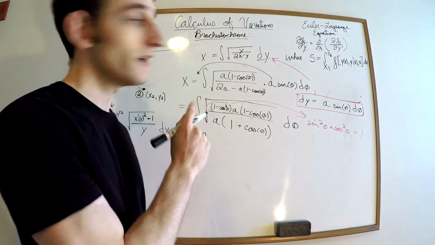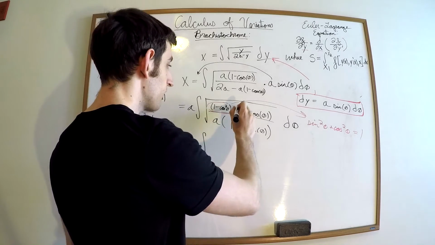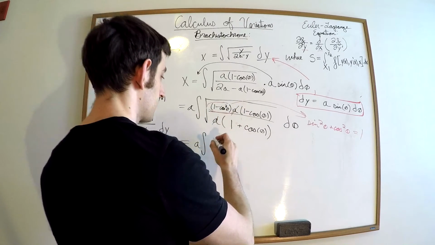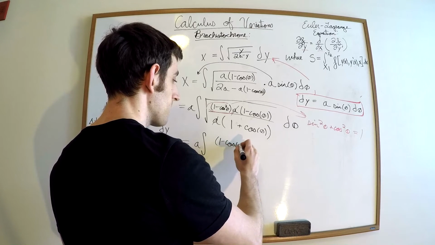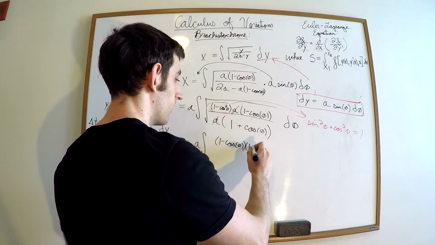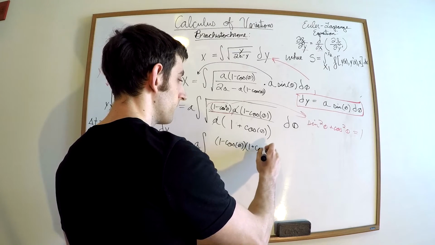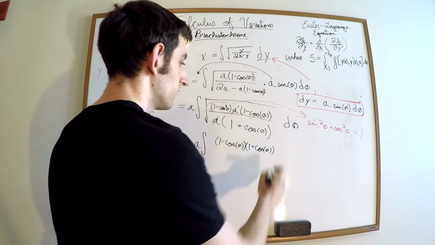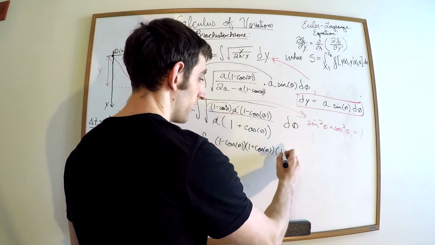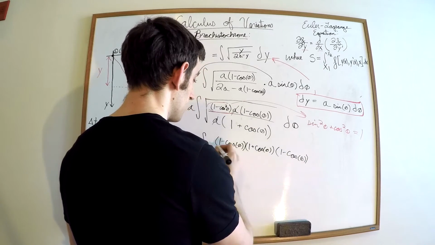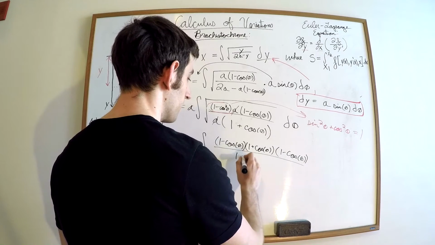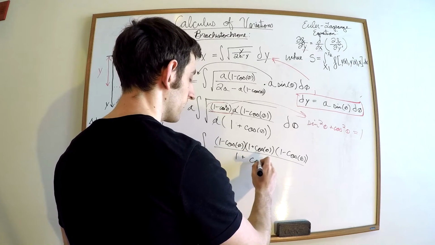You see where I'm going here? So first of all, we can cancel this A, and then this is going to be 1 minus cosine theta times 1 plus cosine theta times this guy, the 1 minus cosine theta, divided by the 1 plus cosine theta.